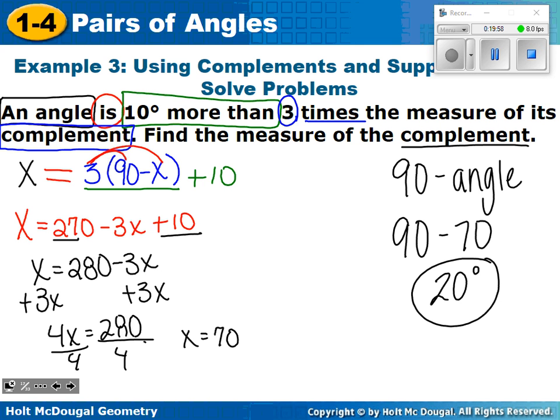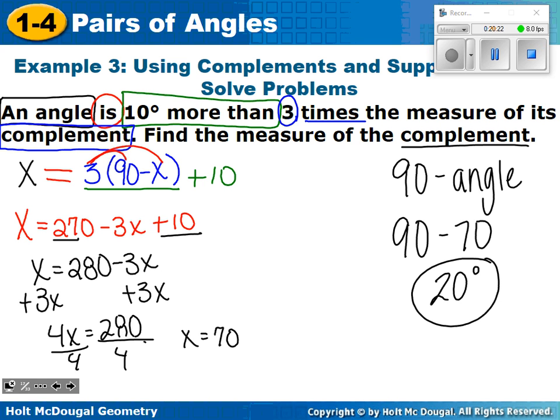So the complement's x. The angle is 3 times that, but it's also 10 degrees more than. You see how I got 3x plus 10? This time, though, I called the complement x. So when I solve for x, will it be my answer? Yes, because it said find the measure of the complement.